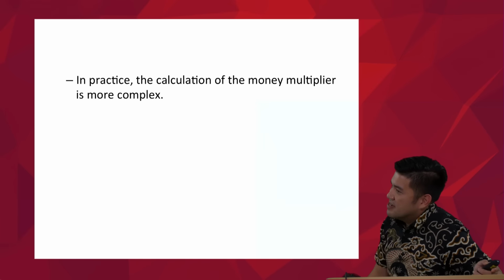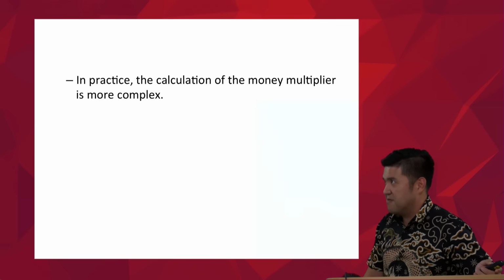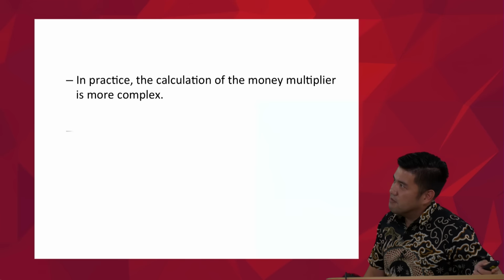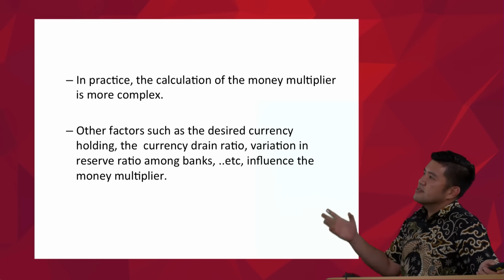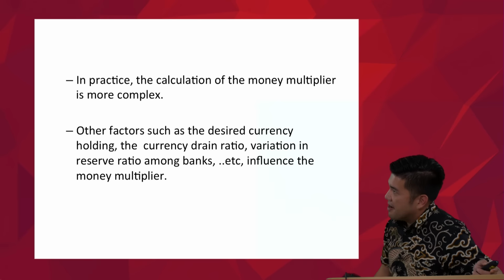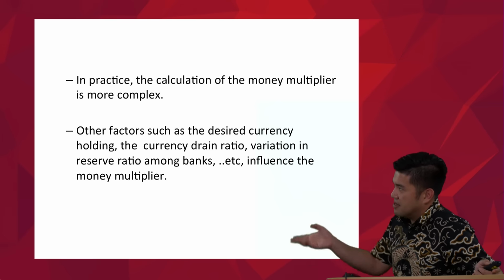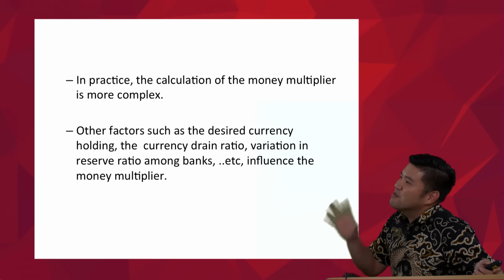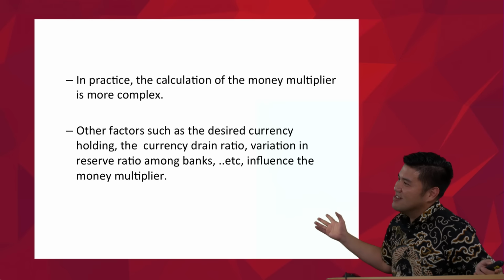You know, guys, the money multiplier effect that I just explained to you is the simplest form of the money multiplier effect. In practice, the calculation of the money multiplier is more complex. Other factors, such as the desired currency holding, currency drain ratio, as well as the variation in reserve ratio among banks. Remember, guys, we assumed before the reserve ratio is 10% across the board, right?